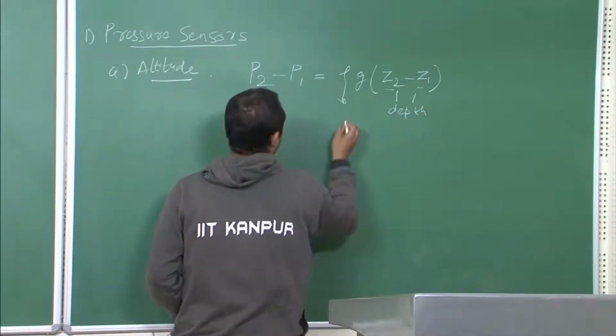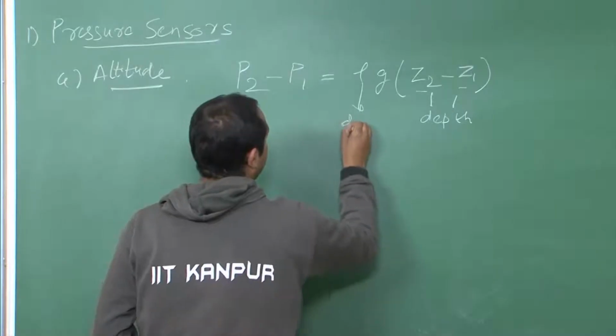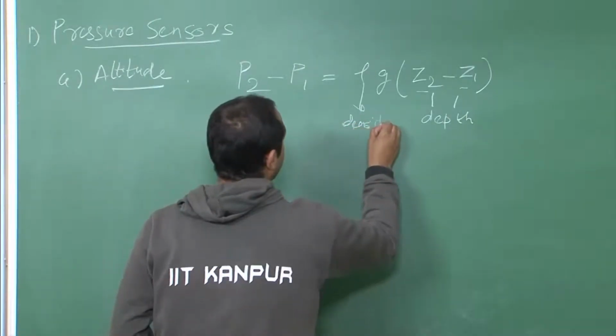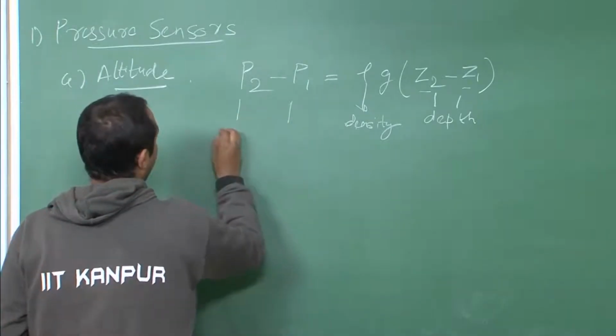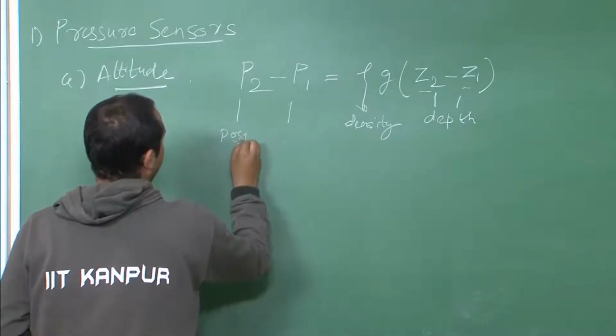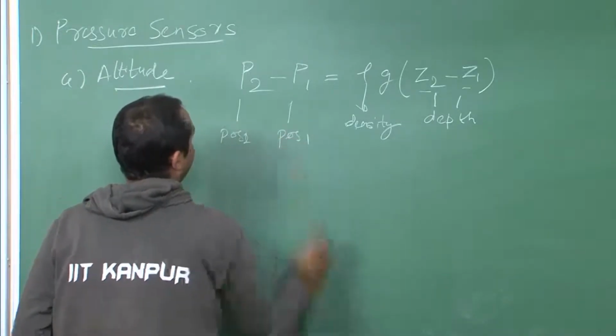This is your density, and this is pressure with respect to position 1, position 2, position 1.